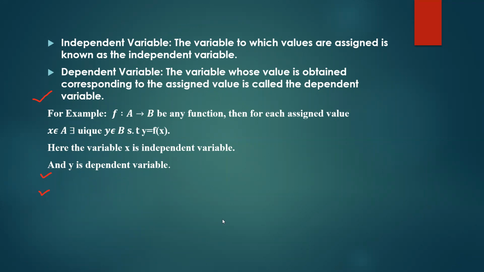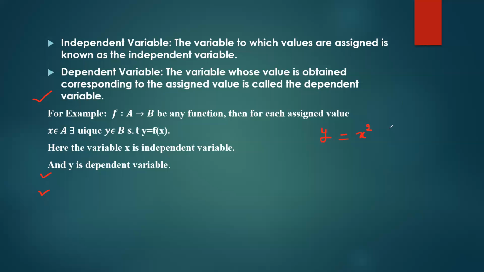I will give one example that will make it clear what is independent variable and what is dependent variable. Suppose we have a function y equal to x square. Here we have two variables, first one x and second is y. In this function, what is independent variable and what is dependent variable?